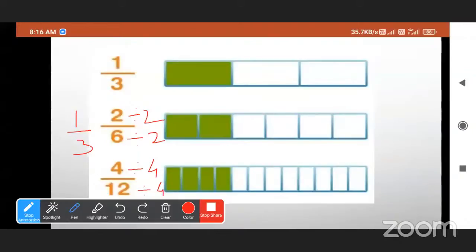Then what will we get? 4 ones are 4 and 4 threes are 12. So see, the value of each fraction is equal. That is 1 upon 3. So these are equivalent fractions. Good.